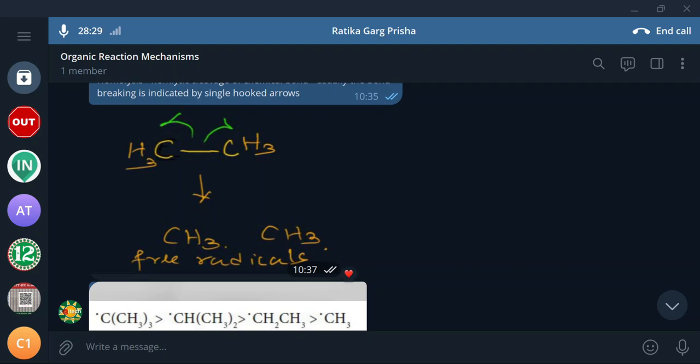So when a bond is cleaved evenly, one electron will go this side, another electron will go that side. So this single hooked arrow indicates the transfer of one electron, right? Yes, sir. So that is why it results in a CH3 dot. CH3 dot means it is an entity, a group of atoms or an atom, with an odd electron. Got it?